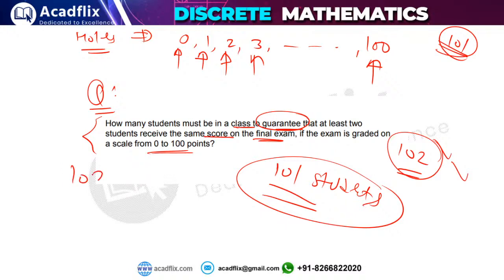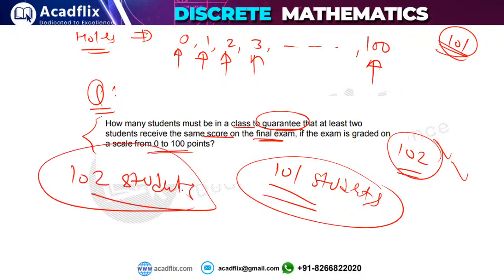But if you have 102 students, then you can guarantee that at least two students will have the same marks. Why? The number of holes is 101. If you have more students than the number of holes, then you can guarantee that at least two students will go to the same hole, meaning at least two students will have the same score.